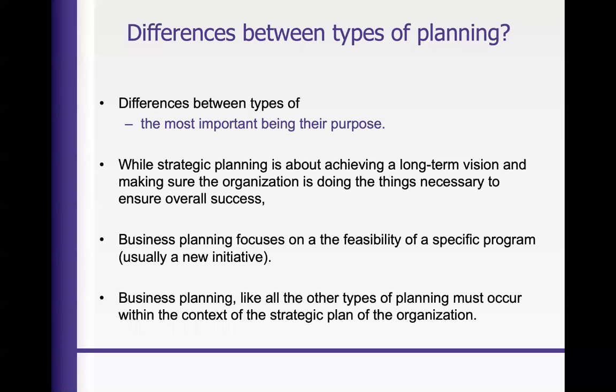Business planning is a type of planning that focuses on the feasibility of a specific program. So this semester, since we are a hybrid semester, the first project you're going to have, and I'm going to talk about that today so you can start thinking about it, is the strategic planning of a new service.